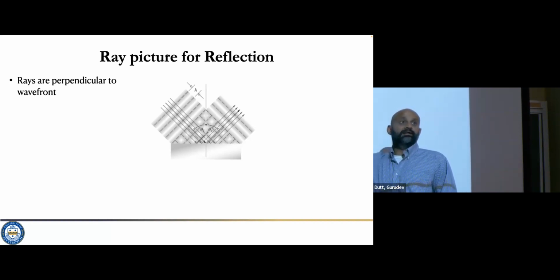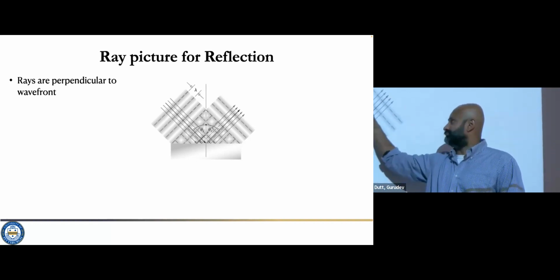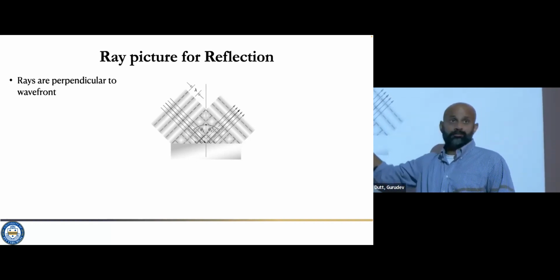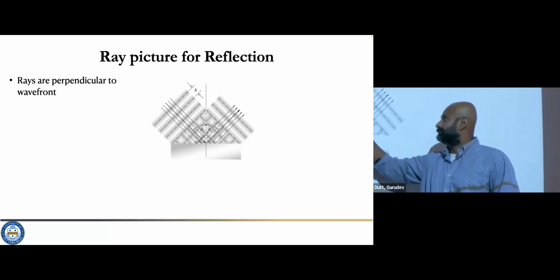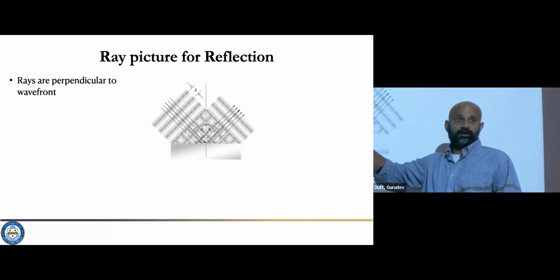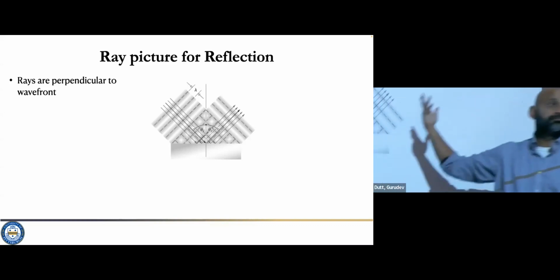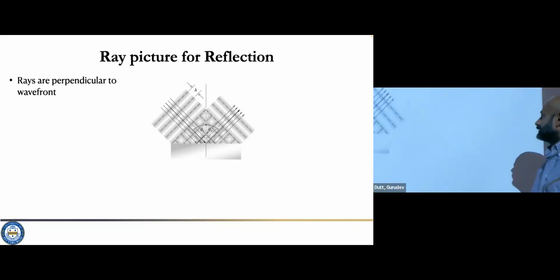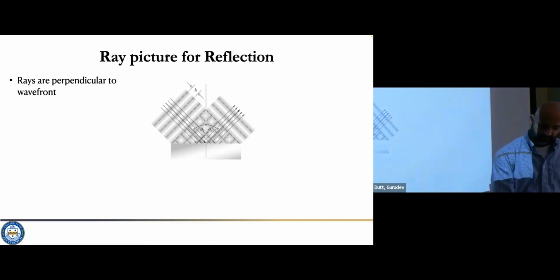And if I rotate everything by 90 degrees, if I think about this ray, which is perpendicular to this wavefront, similarly, if I take the normal to the surface, by the same argument, because the wavefront has an angle theta with respect to the surface, the rays, which are at 90 degrees to the wavefront, must have an angle theta I with the normal to the surface. Just a rotation by 90. Same thing on the reflected beam side.